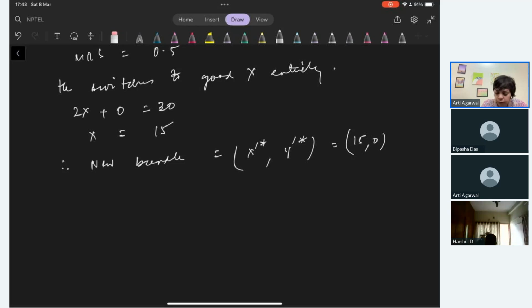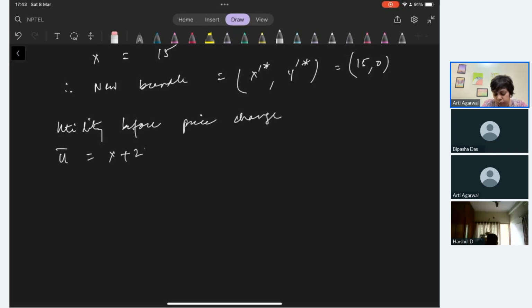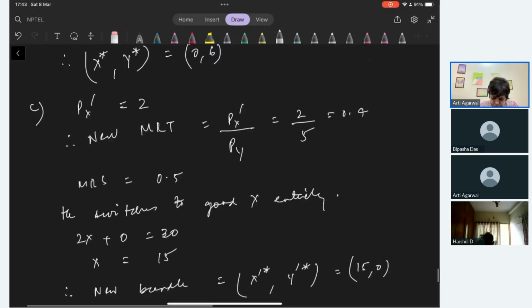As usual, we find the utility before price change. Just give me a minute. Have I taken some wrong values or something? No. Oh, I think I've taken some wrong value.